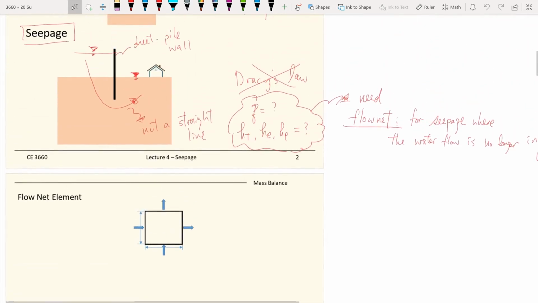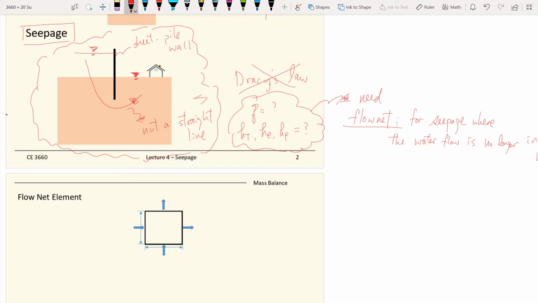Eventually we want to solve for Q, which is the flow rate, and also all the heads on our soil site. When I say soil site, you can think of a picture like this: you have your geotech structure, and then you have your soil profile, with certain areas interacting with your soil structure.